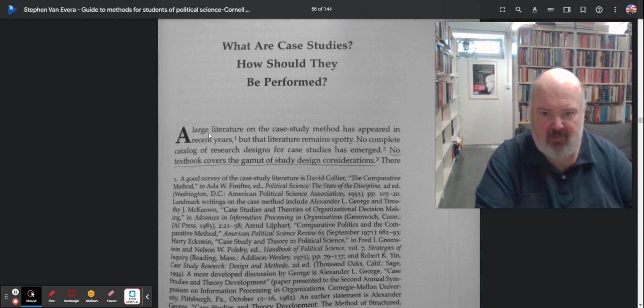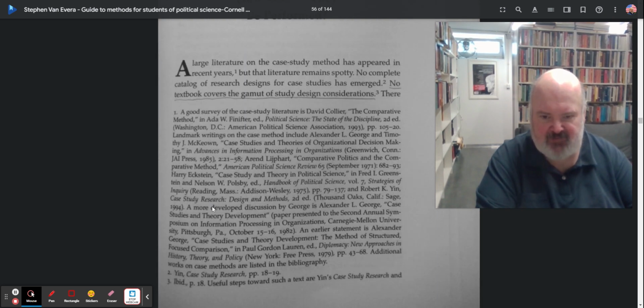A large literature on case study methods has appeared in recent years. This is his footnote, and there's a good survey of case studies: David Collier's "The Comparative Method" in the volume Political Science: The State of the Discipline, second edition, 1993.